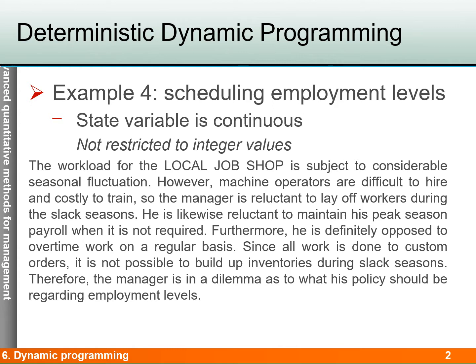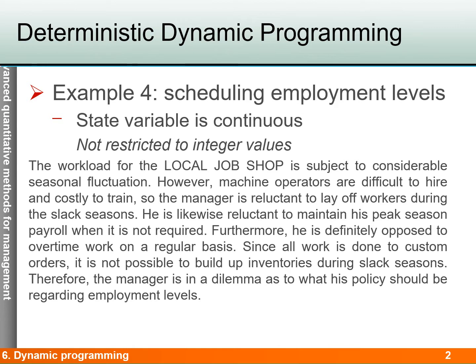He is likewise reluctant to maintain his peak season payroll when it is not required. Furthermore, he is definitely opposed to overtime work on a regular basis. So, as you see here, whatever happens should happen in regular time. Since all work is done to custom orders, it is not possible to build up inventories during slack seasons.